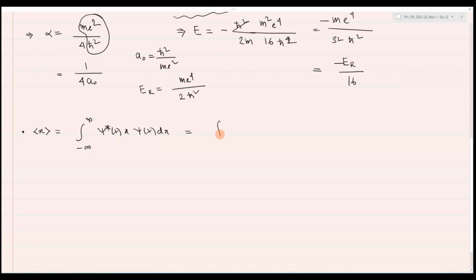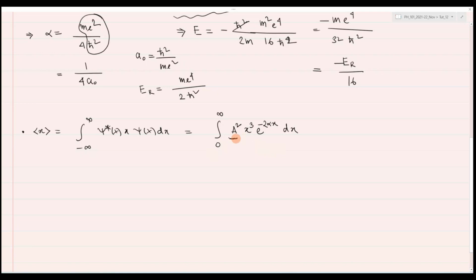It is going from 0 to infinity, because for x less than 0 we do not have the wave function. So, 0 to infinity, a square x cube e to the power minus 2 alpha x dx. Okay, you have to find this integral now.